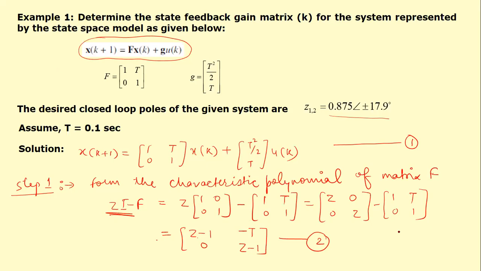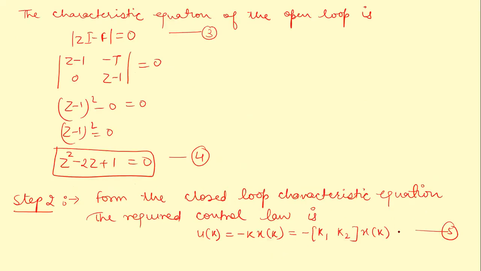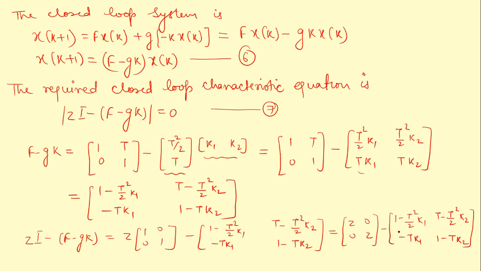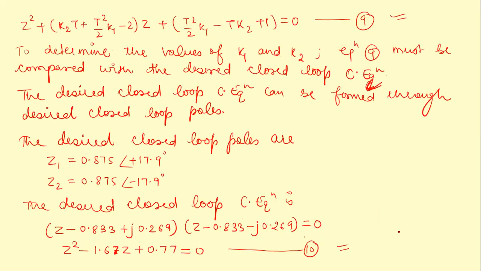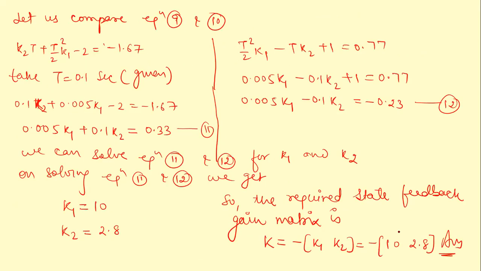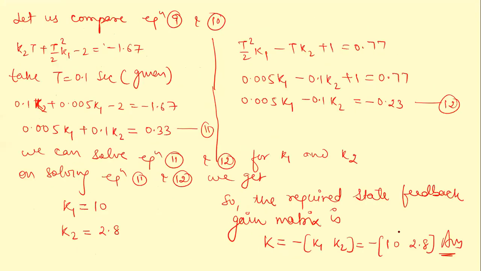Then first we need to find the characteristic polynomial, then we have to find the closed loop characteristic equation, and then the desired closed loop characteristic equation. Ultimately we can compare the required closed loop characteristic equation with the desired closed loop characteristic equation, and we can get the state feedback gain matrix K.